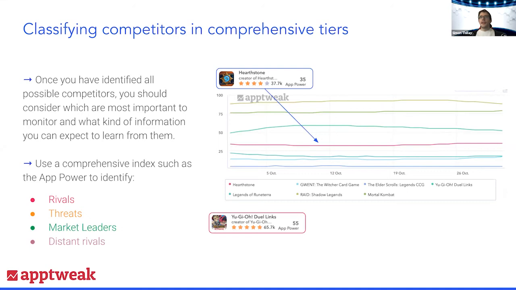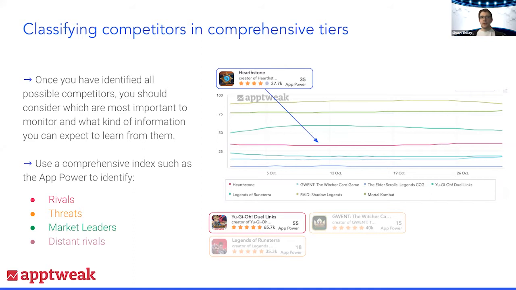So when we look at Hearthstone, their main rivals, I think, should be Yu-Gi-Oh! Because Yu-Gi-Oh! has a higher app power, but is not out of reach. It is a competitor that is probably quite active, that probably has some of the main kind of gamers as target, and this is going to be the most important one.